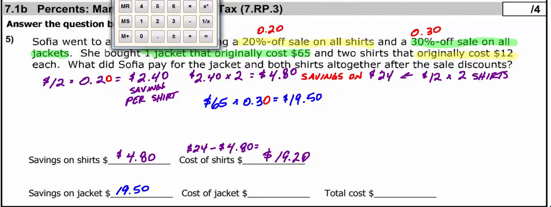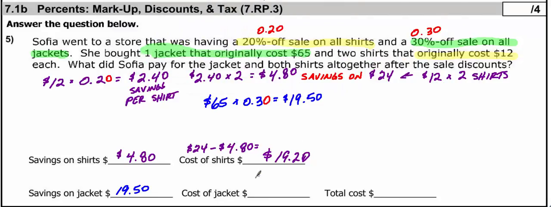That's how much she saves, $19.50. To figure out how much she has to pay, what's the cost of the jacket, we're going to take the $65, subtract the $19.50, and we're going to get $45.50 left over.